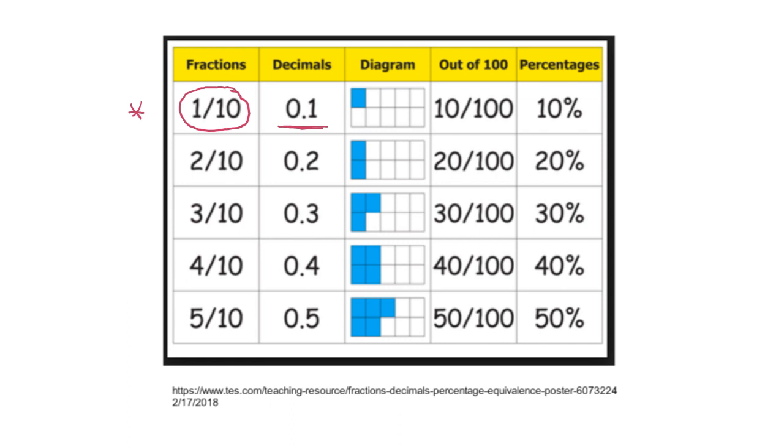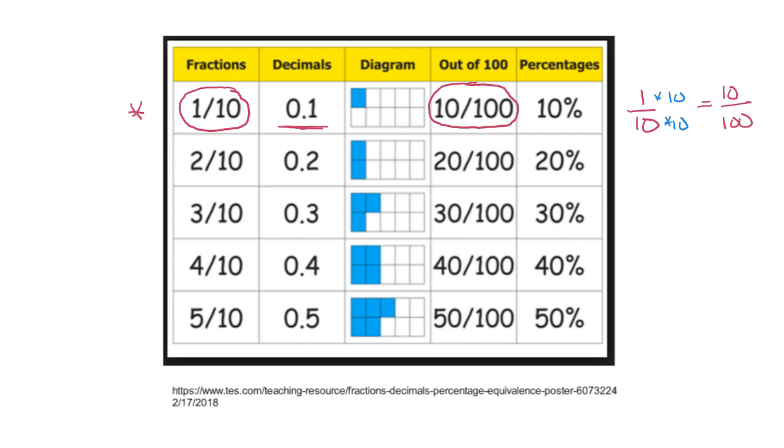1 represents the numerator. If we want to say out of 100, you can actually take your 1 tenth, and since the 10 is easily translated into 100 by multiplying both the numerator and the denominator by 10, we will get 10 over 100. And that's giving us the information we need to help translate this into a percentage.